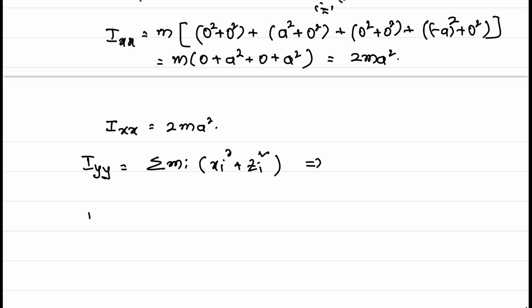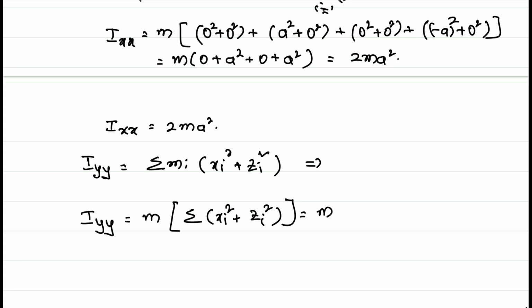That implies Iyy is equal to m into sigma (xi square plus zi square), since mi is the same for m1, m2, m3, m4. Because we are calculating about the y axis, we have to take the x distance and z distance.